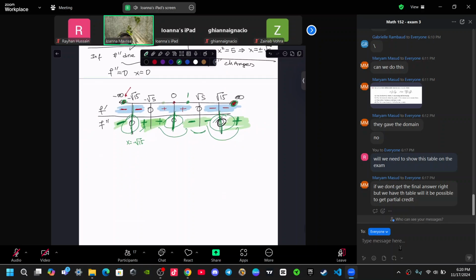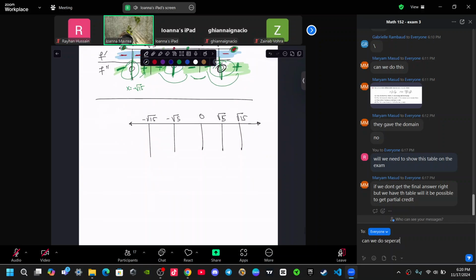Okay, now I want to say something about the table. So I've written this table this way. Others might write the table this way.